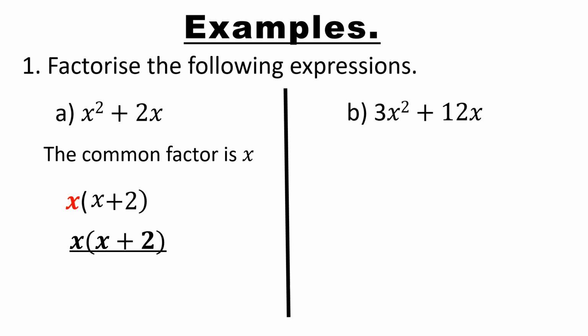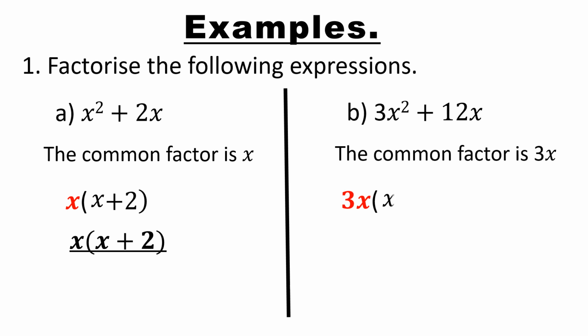Our second expression is 3x squared plus 12x. We also identify the common factor, and our common factor is 3x. So write 3x, then open brackets. Then what are we going to multiply by 3x to give us 3x squared?